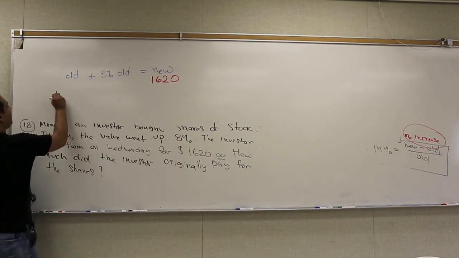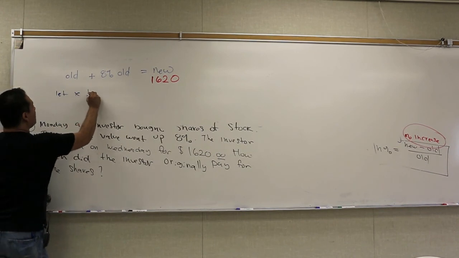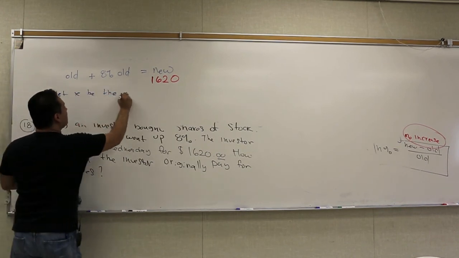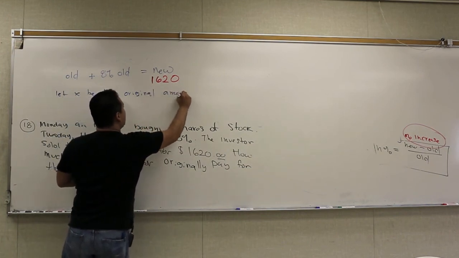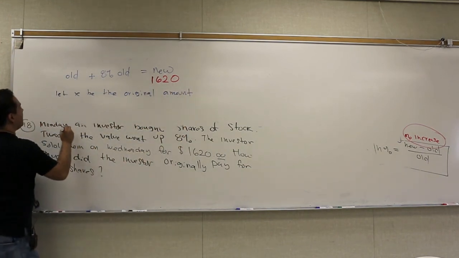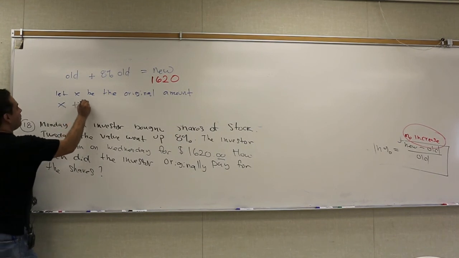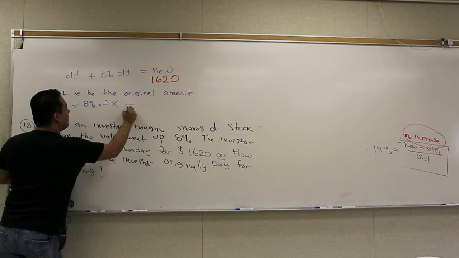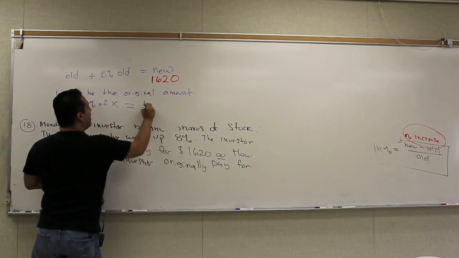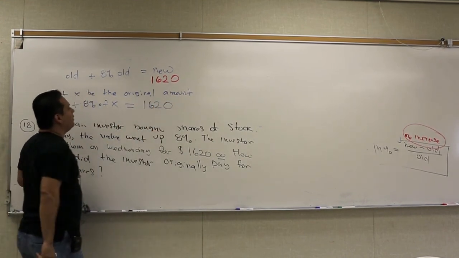So let x be the original amount. What that gives you is the original amount plus 8% of the original amount will be that new amount of 1,620.